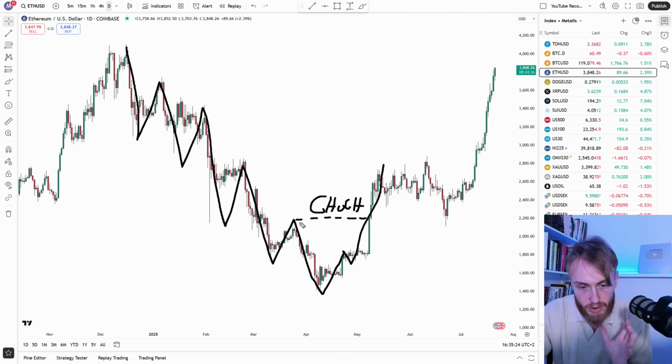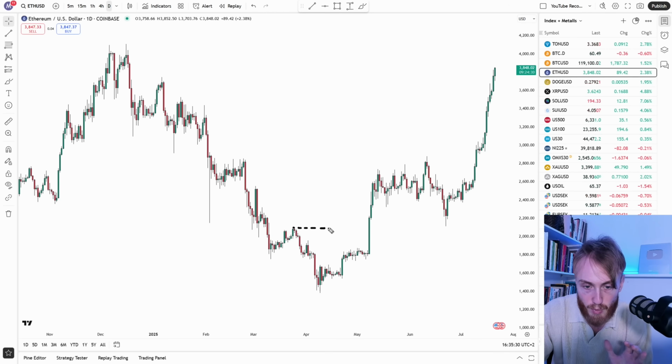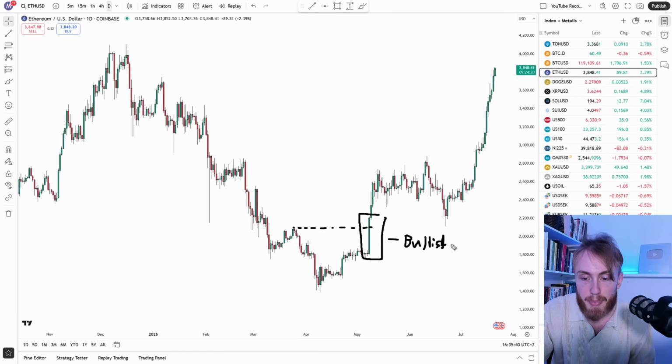But what you also can see, and which is very important, is that when this break of structure happened, when we broke this high right here, we actually saw a massive, massive bullish candle. And this is actually the price action we're looking out for. We're not only seeing a trend reversal, but when the reversal happens, we're seeing a very, very strong candle.